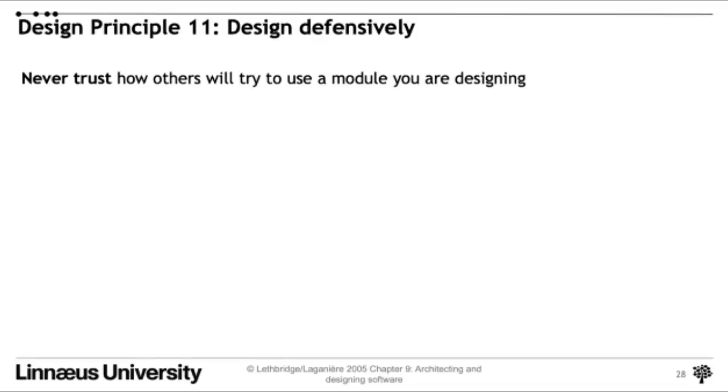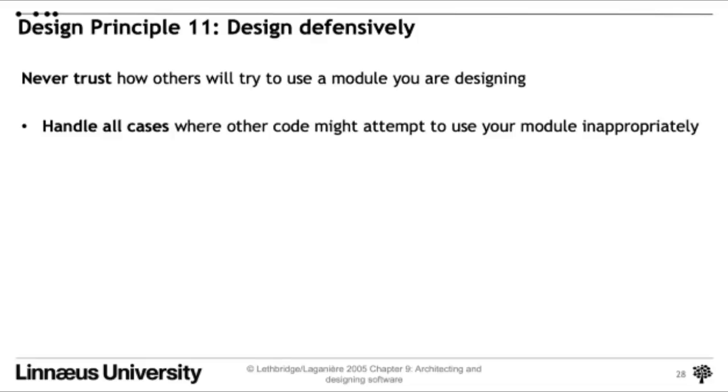Try to use as many try-catch statements and exceptions as possible, and try to avoid all misbehaviors. Try to handle all cases where other code might attempt to use your module inappropriately.